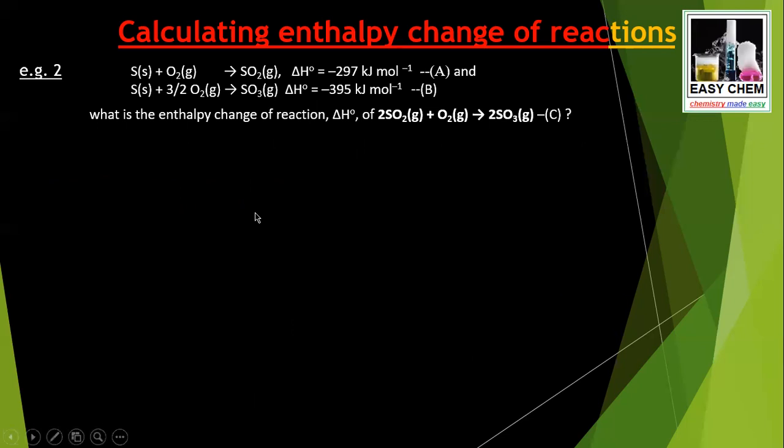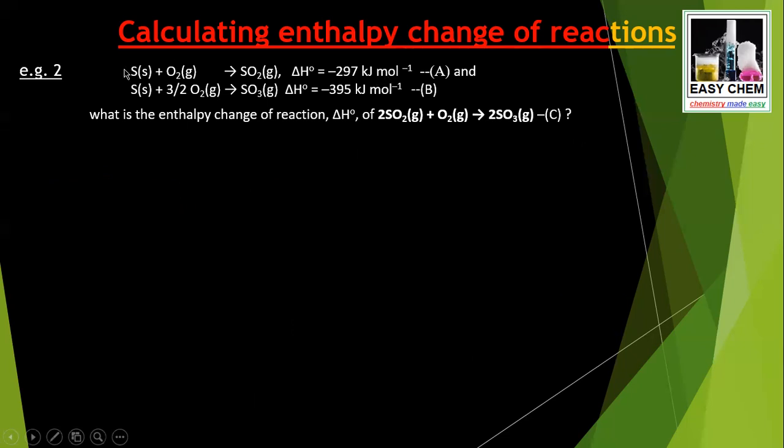In this example 2, again, see, there are 2 equations given, equation A and B. What is the enthalpy change of reaction delta H of another equation is given, equation C. We have to find out the enthalpy change for this reaction C using the equation A and B.